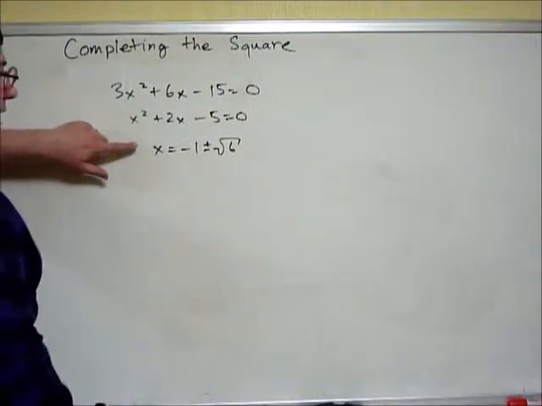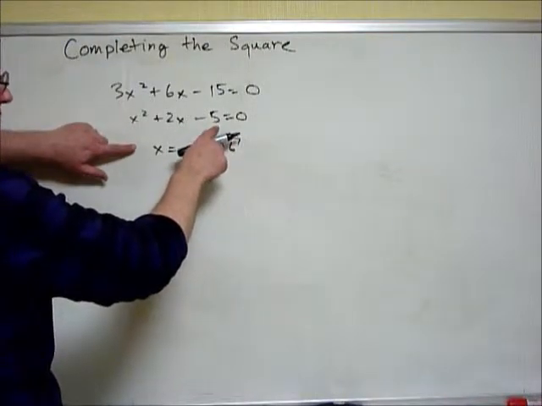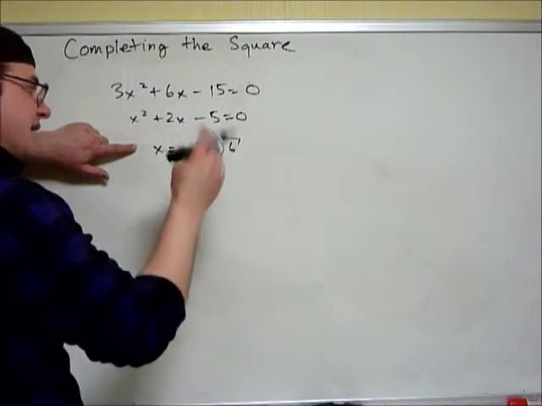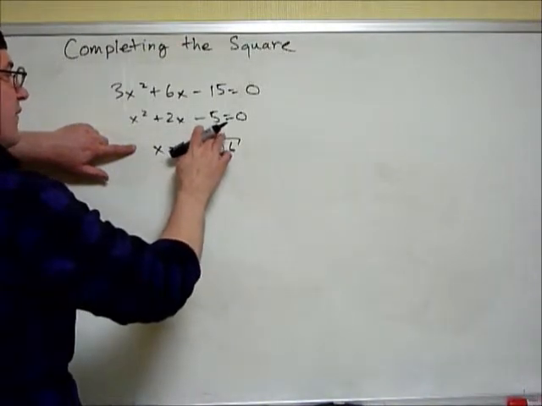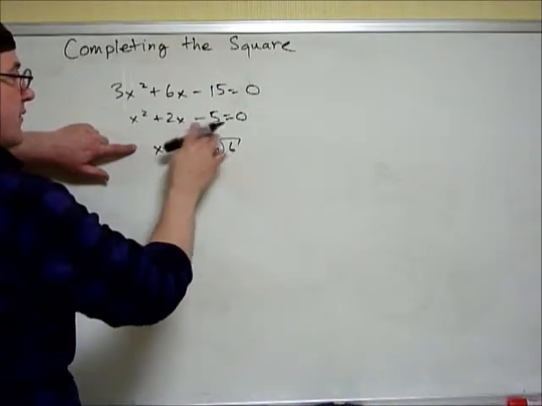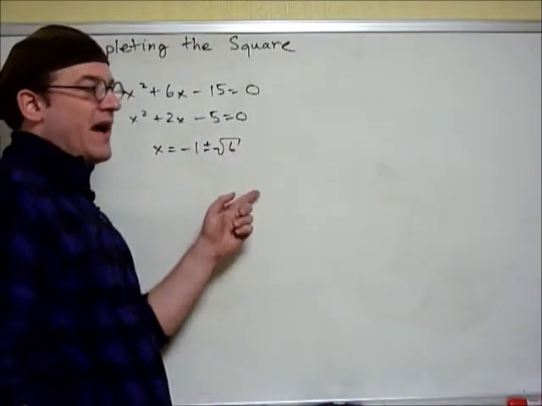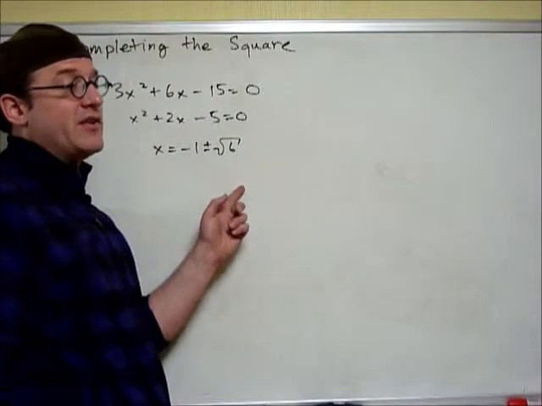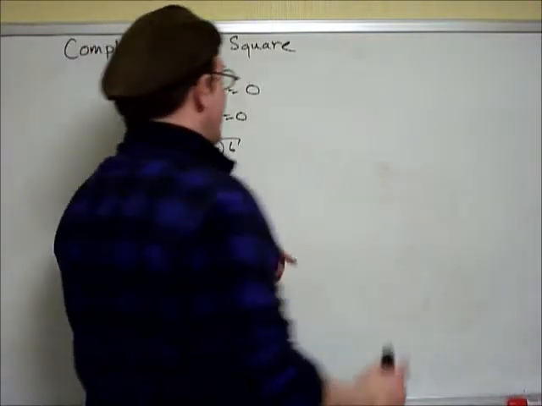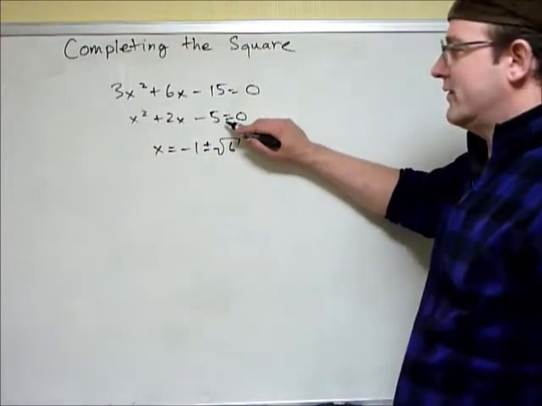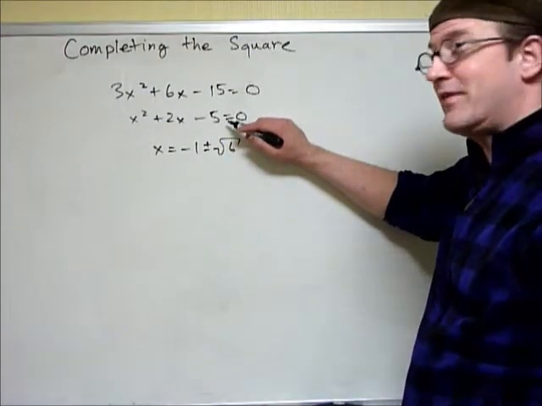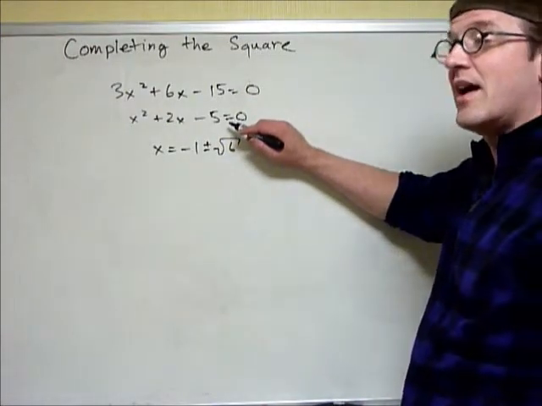Now, remember we had trouble factoring this because we couldn't think of any integer factors of -5 that would add up to 2. When we're doing our factoring method, we're only looking at integer factors, and I want you to keep in mind that there are an infinite number of factors for -5 that are not integers.